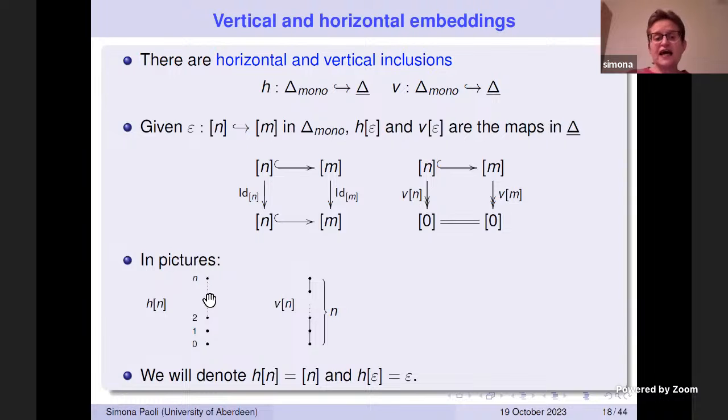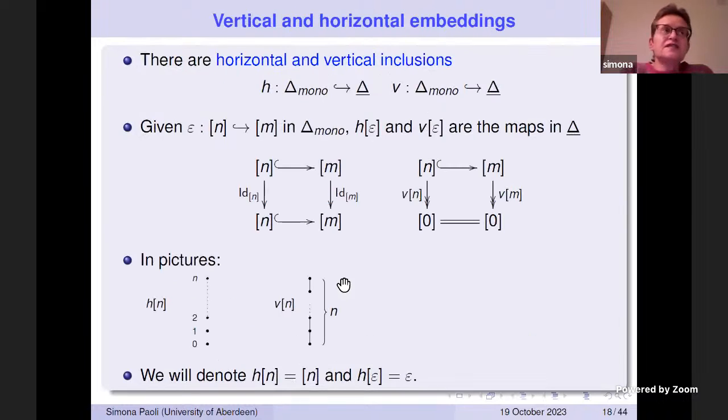This means in the first case it is basically just the ordinal with nothing colored. In the second case, everything is colored, okay? And you have the maps in the obvious way. And very often we just omit H. When we talk about H, we just don't write it. So we say H of n is equal to n, but V instead, we want to have it there because it means you're coloring these links.